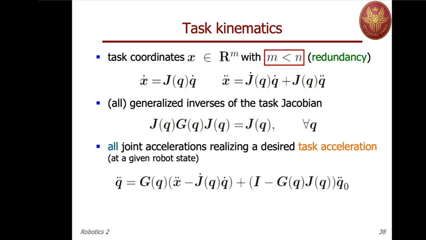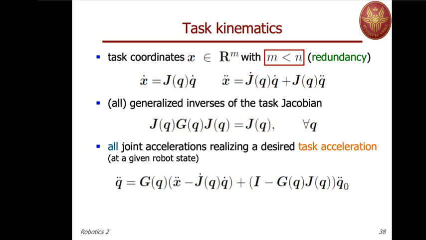You are probably used to seeing this equation with the pseudo-inverse in place of G, but in fact this applies to any generalized inverse. You may not have the orthogonality between the two terms like you do when using the pseudo-inverse, but this stays in place.